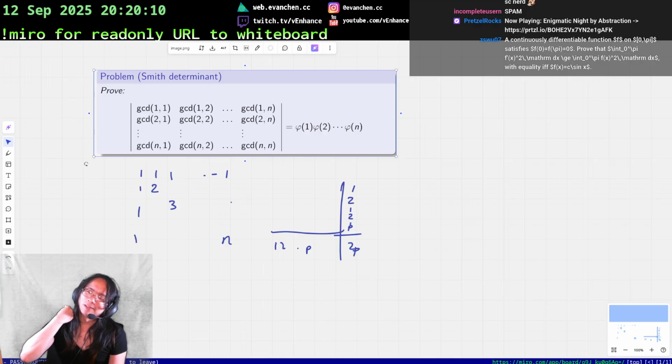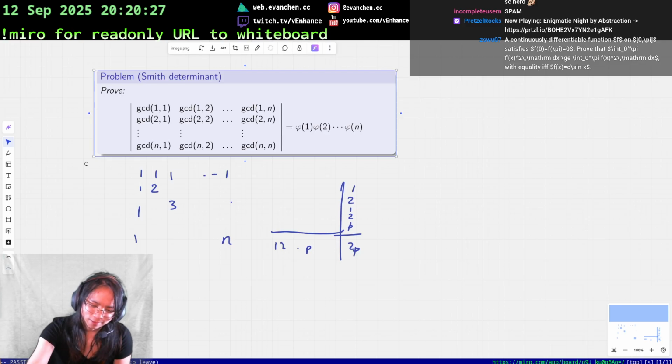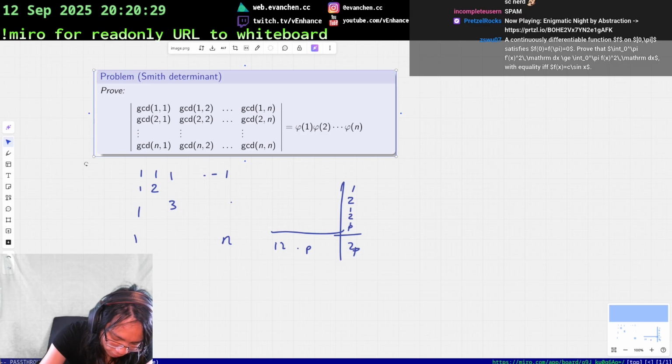Yeah, so I really want to induct on n because, you know, things. So maybe the question is, is there a way I can actually figure out what these coefficients are?